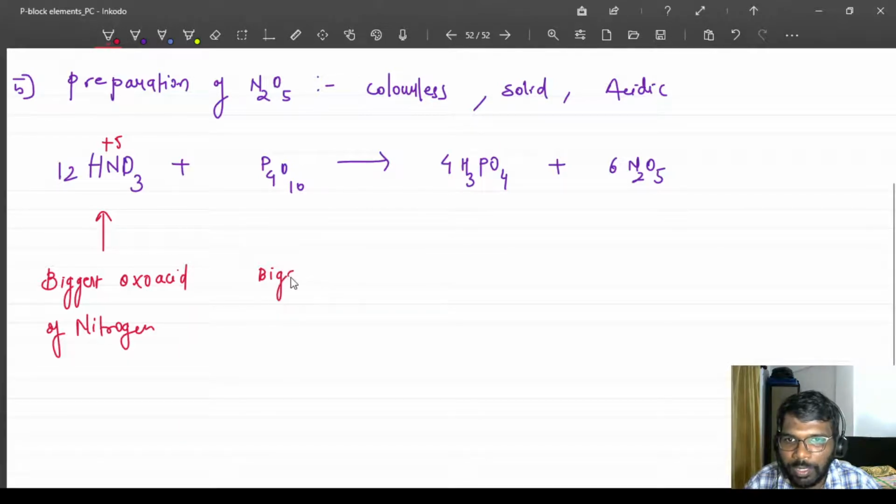Why am I saying this? Because they have the maximum value of the oxidation state, right? If you calculate the oxidation state of phosphorus over here, it will be plus 5. So I am saying biggest oxide of phosphorus.